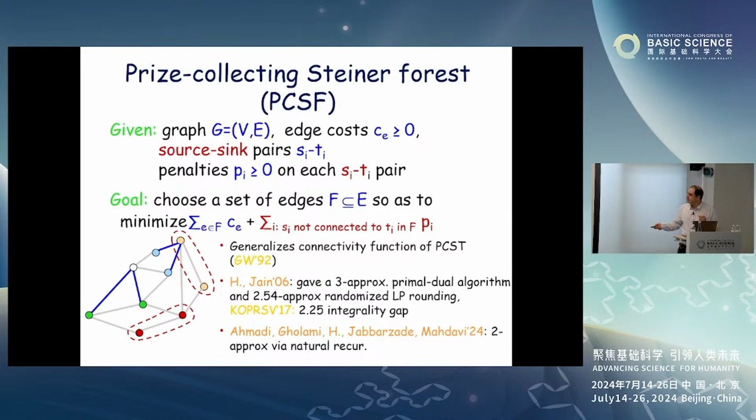think there was this result that gives 2.25. He said that the natural act of time. I mean, and you get a true approximation natural algorithm that actually analyze it.